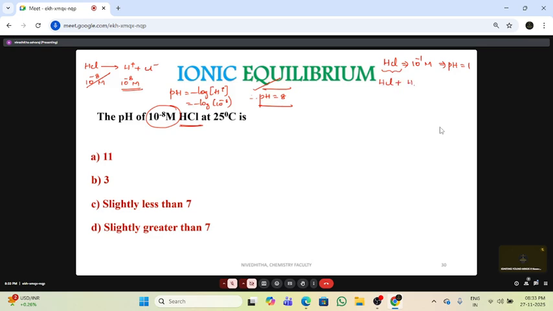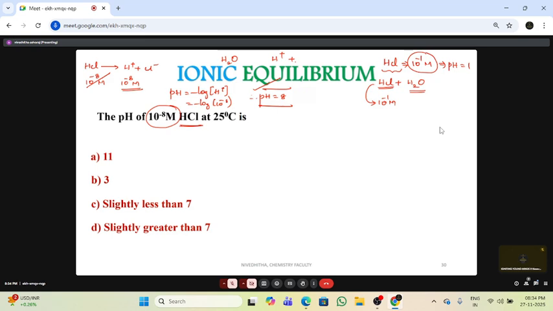According to this data, 10 power minus 1 molar HCl is giving 10 power minus 1 molarity of H plus ion. Similarly, water also will get dissociated. So H2O will get dissociated into H plus and OH minus ion.